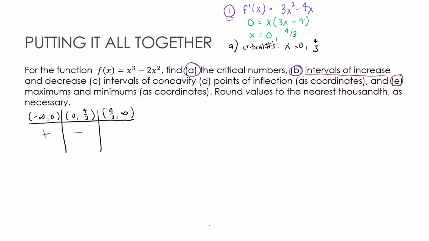Plug in a point like 2, and I would get 3 times 4, that's 12 minus 8, which is 4, which is positive. So for B, intervals of increase, decrease, I would say it's increasing from -infinity to 0, union, 4/3 to infinity, and it's decreasing from 0 to 4/3. So far so good.